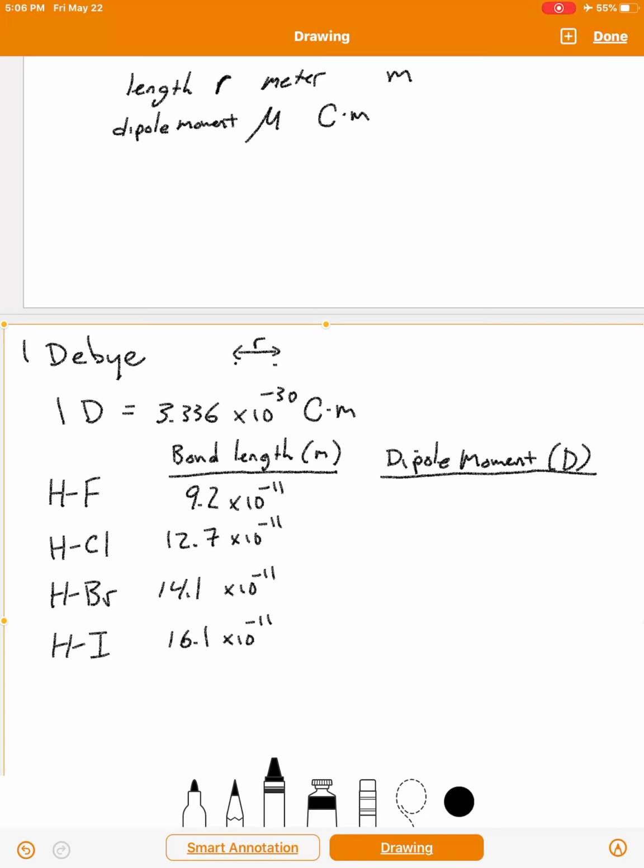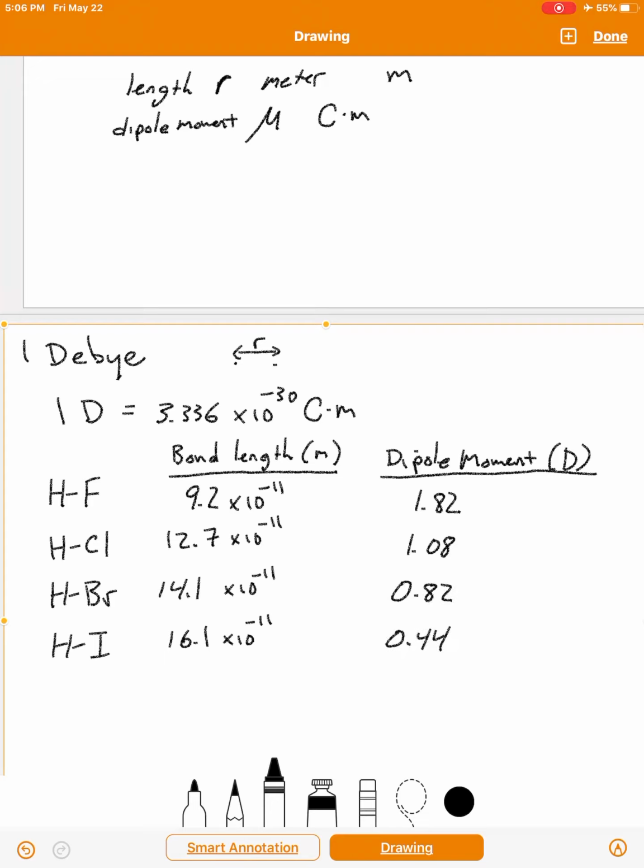Instead of having 3.5 times 10 to the minus 31 coulomb meters, the dipole moment for HF is 1.82 Debye. For HCl, it's 1.08. For HBr, it's 0.82. And for HI, it's 0.44.